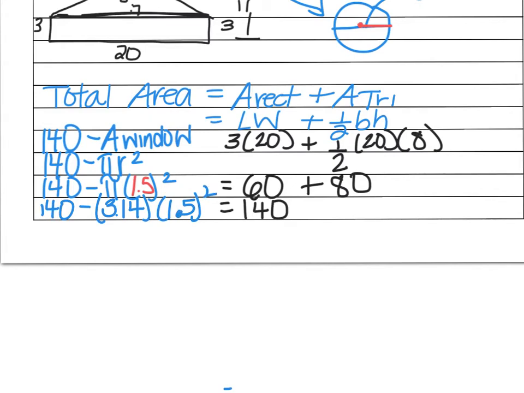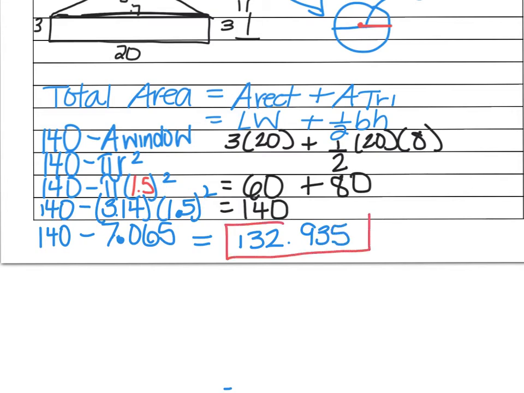So the way I would do it, so I don't make a mistake in my calculator, is I would do 1.5 squared first, then multiply it by 3.14. When you do that, you end up getting 7.065. So make sure you get that, because the way you put in your calculator, it can change your answer. And when you subtract from 140, you get 132.935. And this is your answer for the area of the figure.